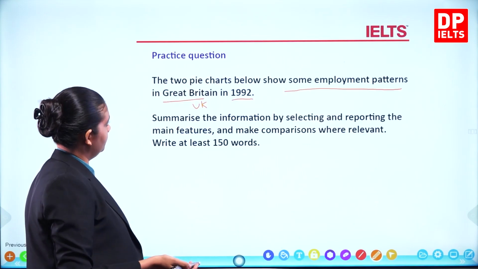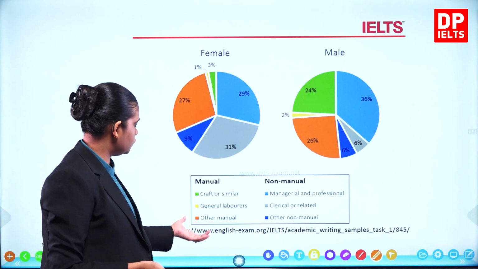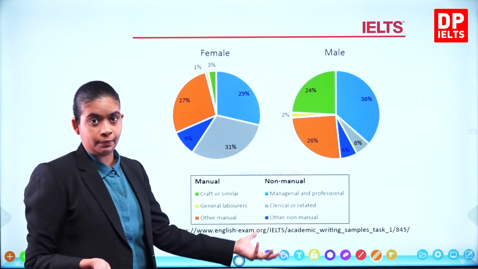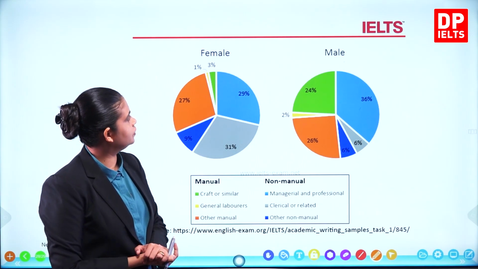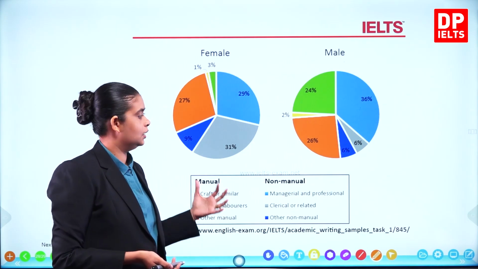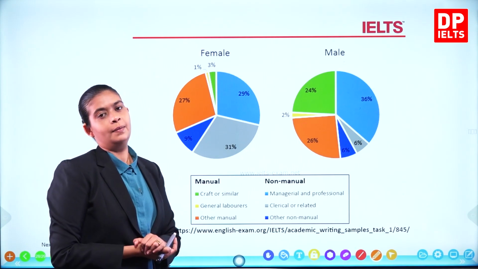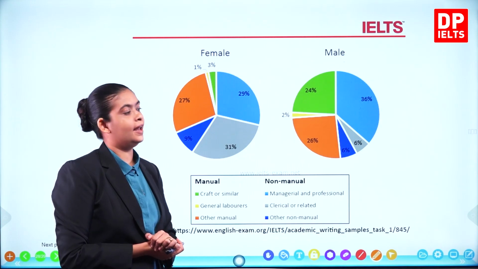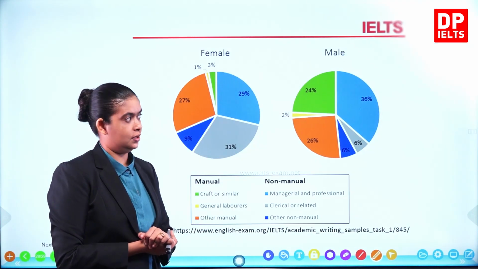What does it show? Female, male employment patterns. So craft, general laborers, managerial, clerical, other non-manual and other manual. Okay, so you've got the two genders, male and female, and here is their work patterns. Please pause the video, time yourself for 20 minutes and have a go at this practice question.